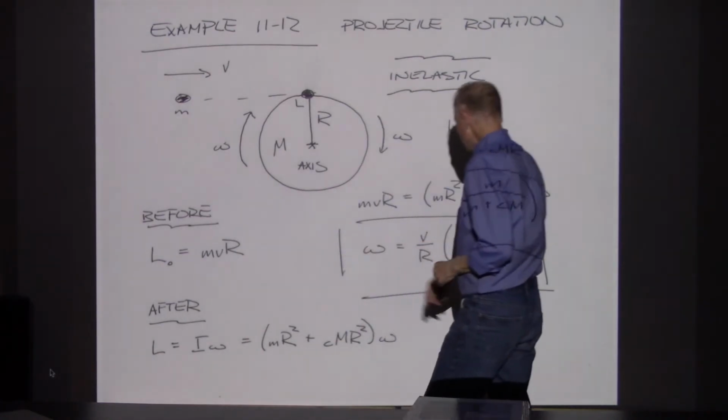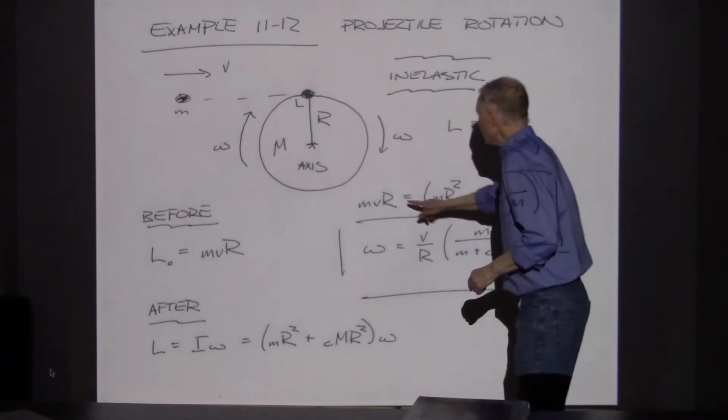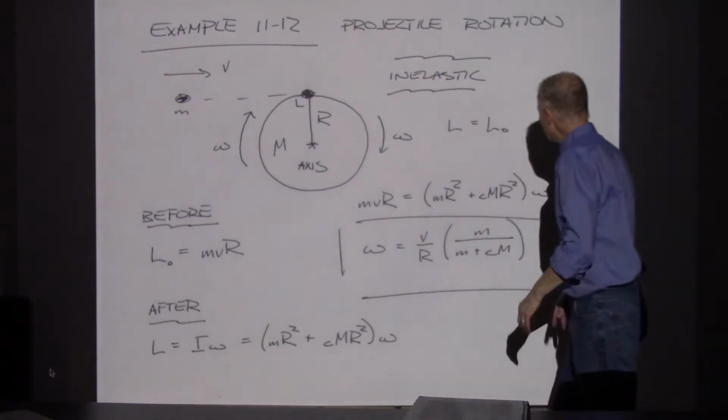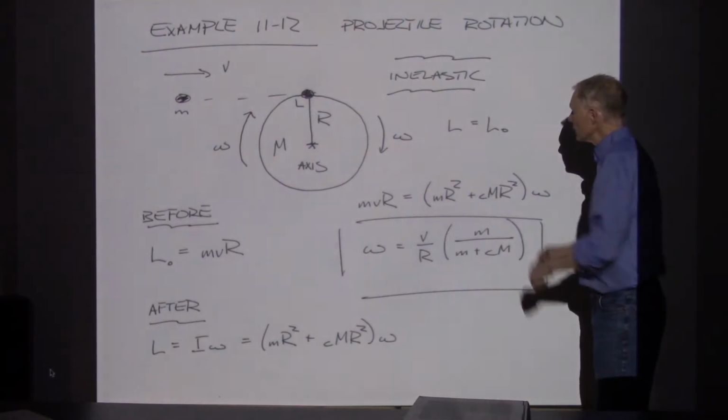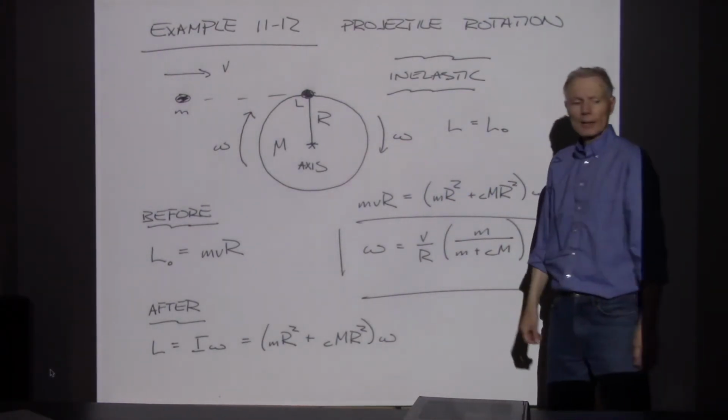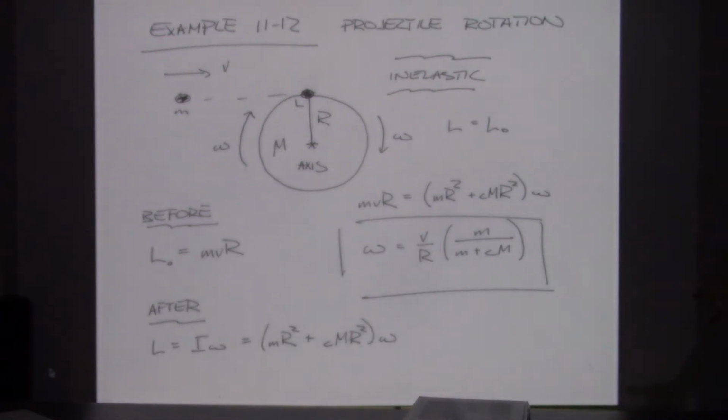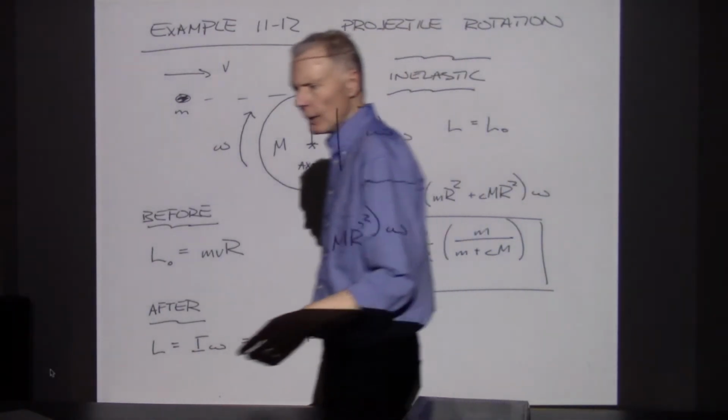So those are the rotational inertias of the two objects. We can take the before angular momentum, set it equal to the after angular momentum, and solve for omega. And that tells us what the rotational velocity will be after this object has hit.